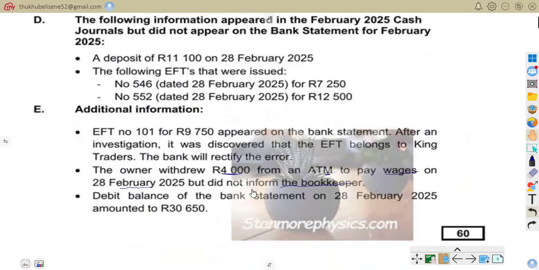So let us come to the additional information on E. On E, you can see that we have the debit balance of 30,650. As it says, debit balance of the bank statement on the 28th February 2025 amounted to 30,650. So this is the amount that we are to start with.